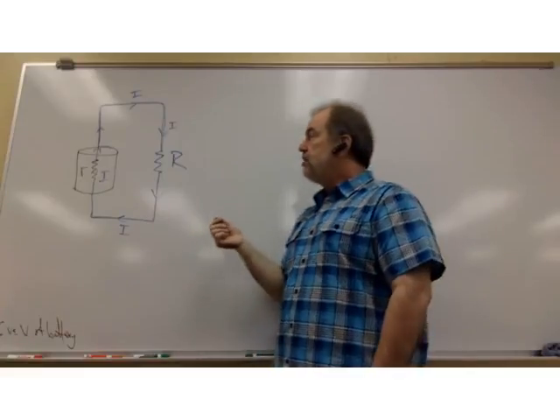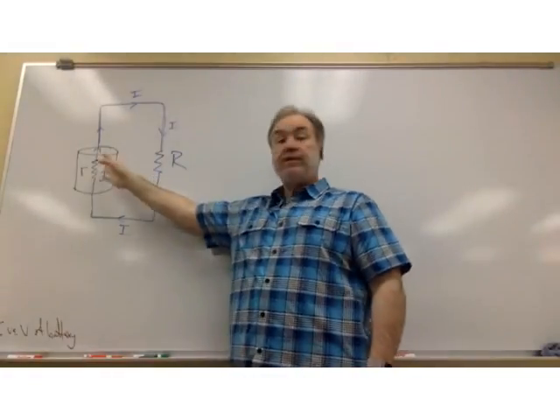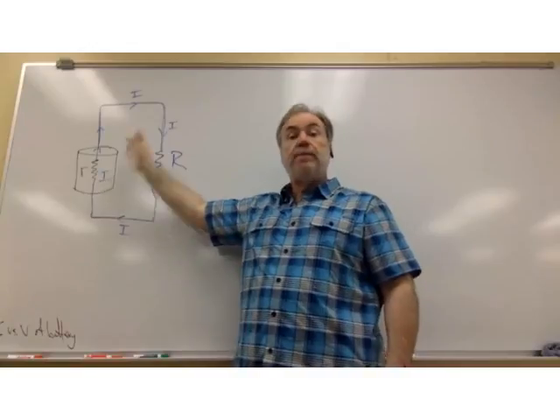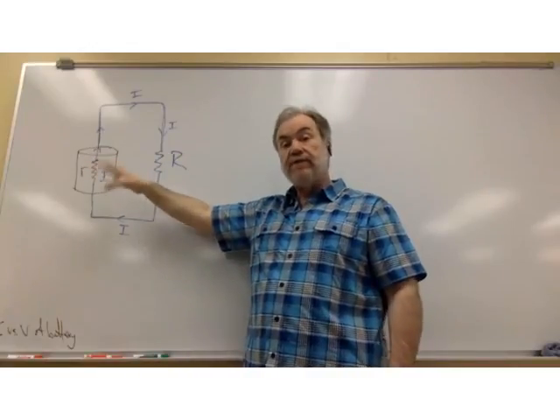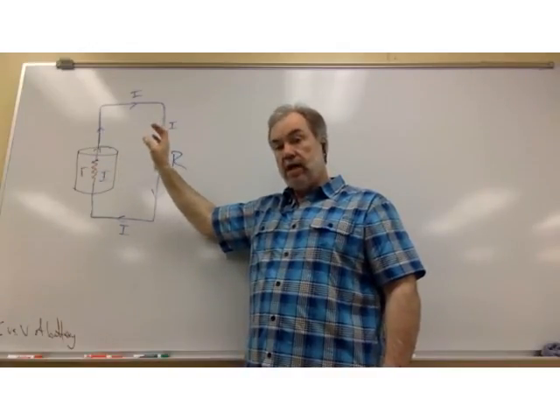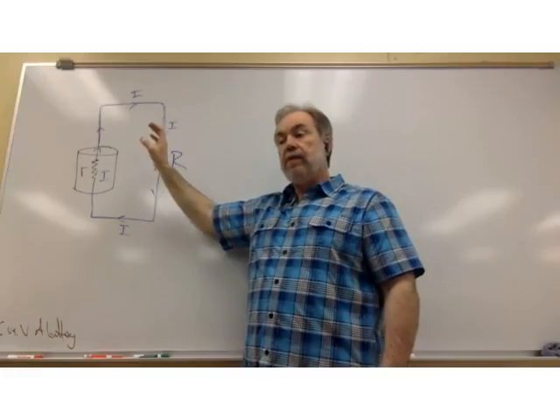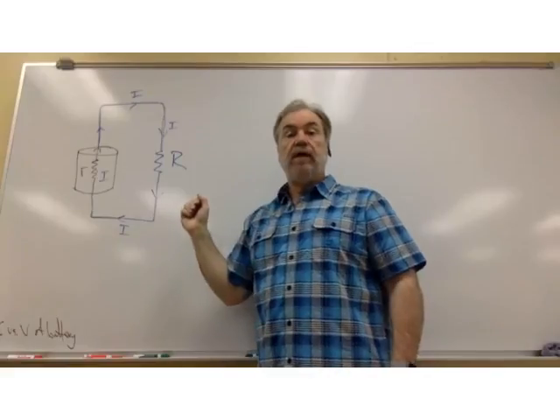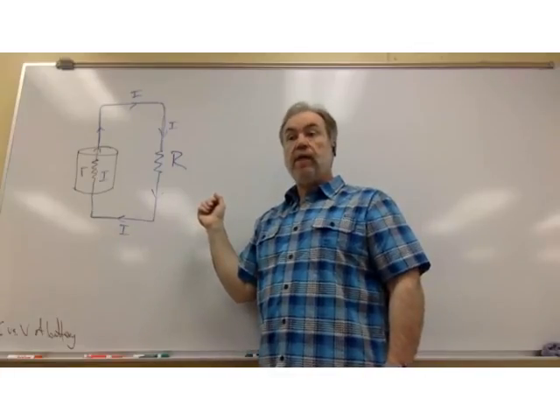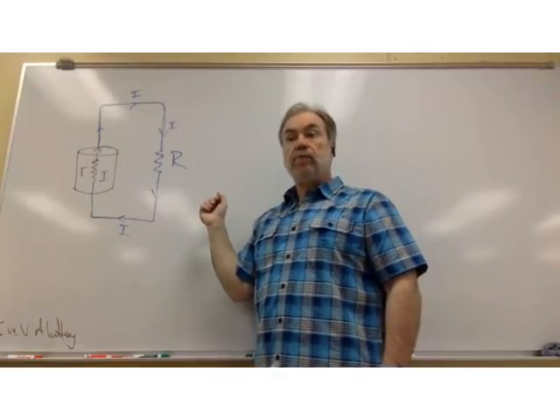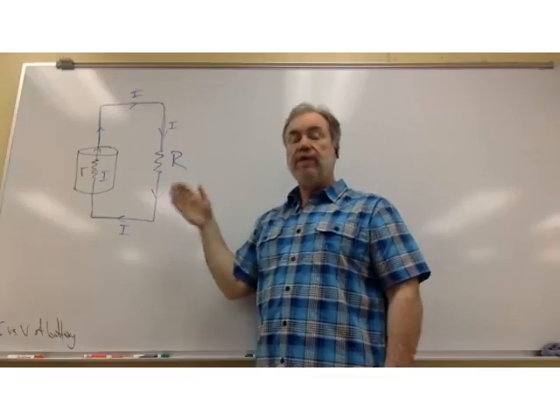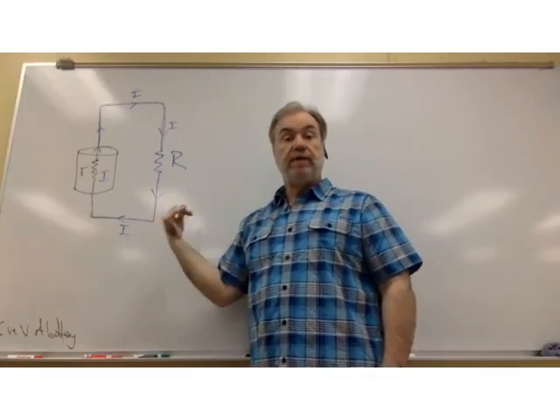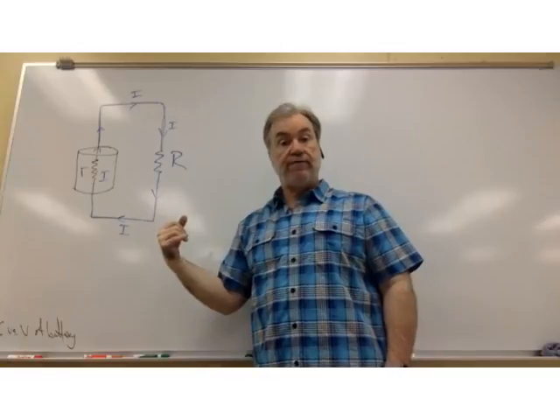Okay? And so at that point, the battery still has its designed EMF, but the current that you see from the battery is related to the potential difference that the battery provides, not the EMF.